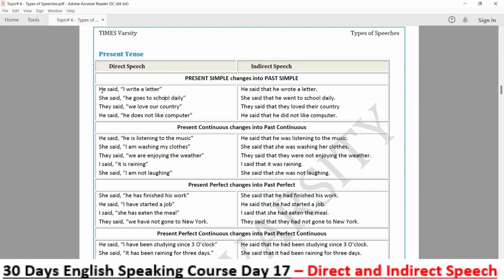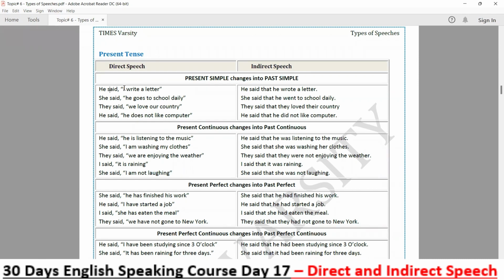So you see here the reporting verb is in the past tense. So if the reporting verb is in the past tense, when we convert direct speech into indirect, then the tense also changes here. So it should be, he said that he wrote a letter.